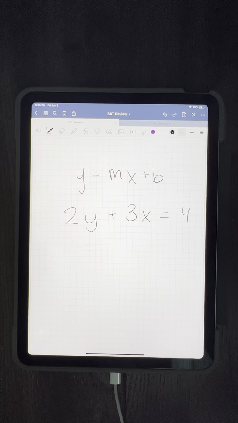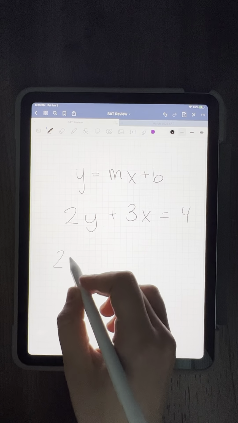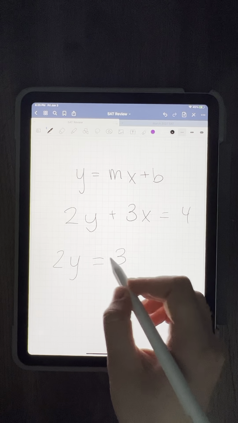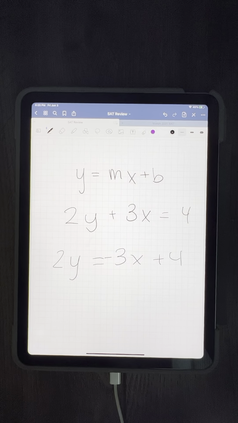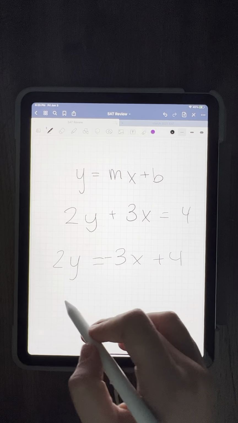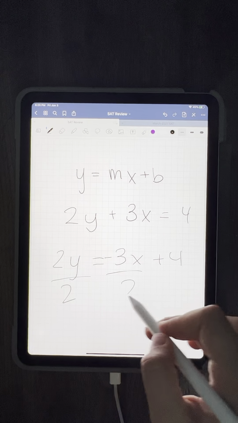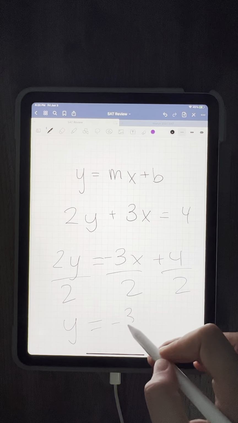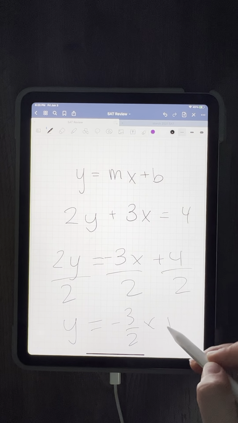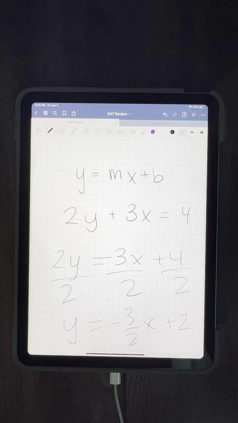You're just going to have to know how to move this equation around so that it's y on one side and mx plus b on the other side. So, you divide that by 2, divide that by 2, divide that by 2, and you're going to get y equals negative 3 over 2 x plus 2, right?